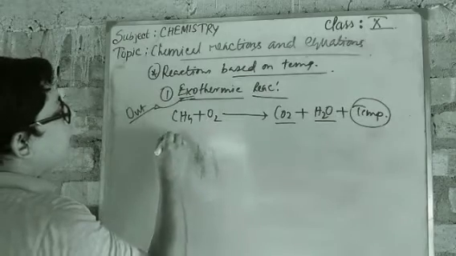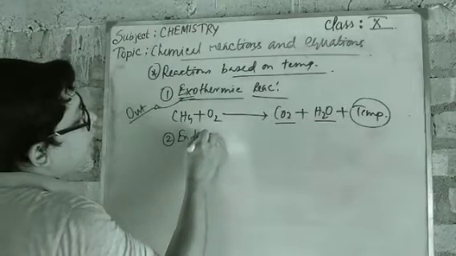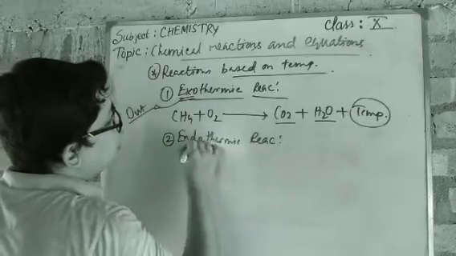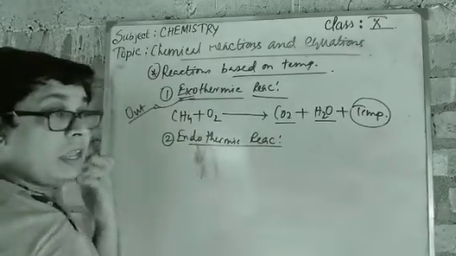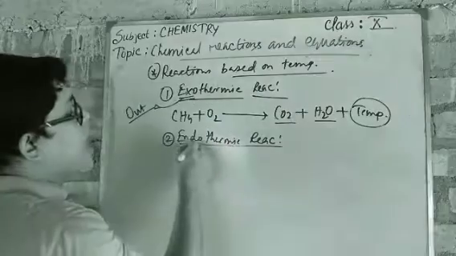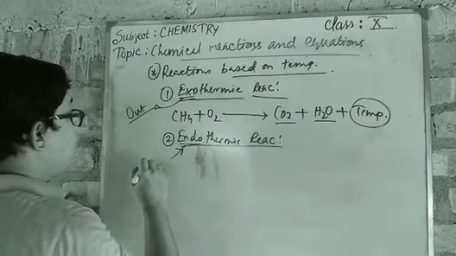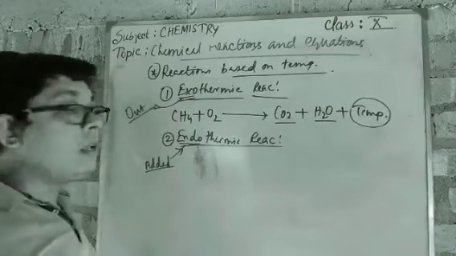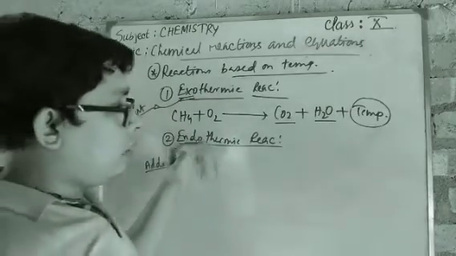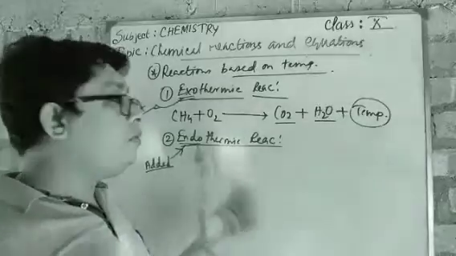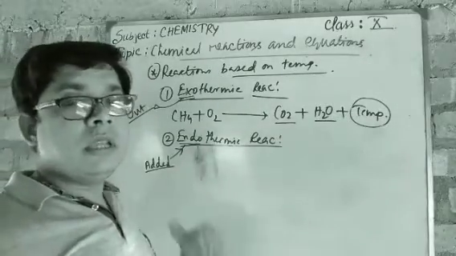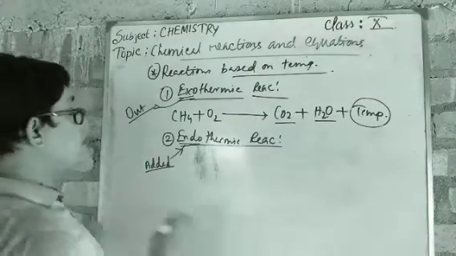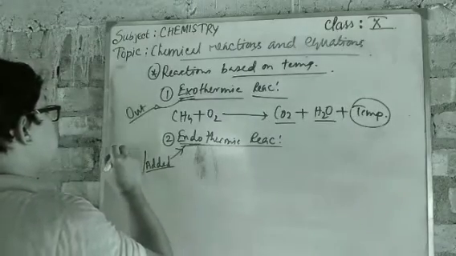Now come to endothermic reaction. What is the meaning of endo? Endo means added or needed. It means the reaction in which heat or temperature is needed. Got it? Heat or temperature is needed. It means, let's go for the decomposition reaction.